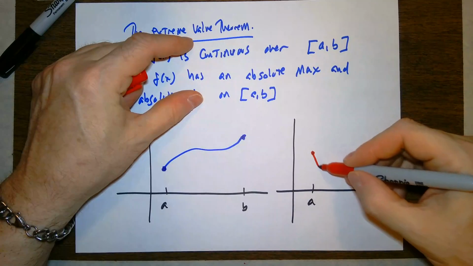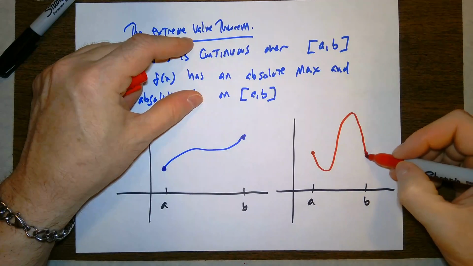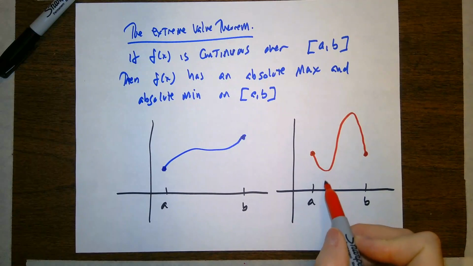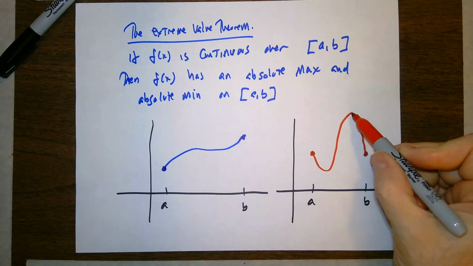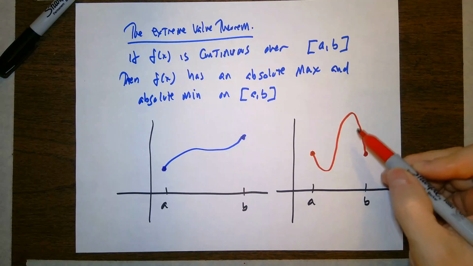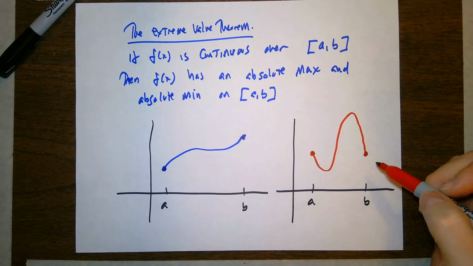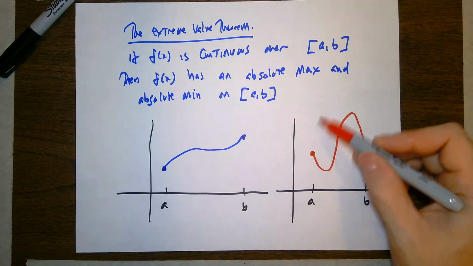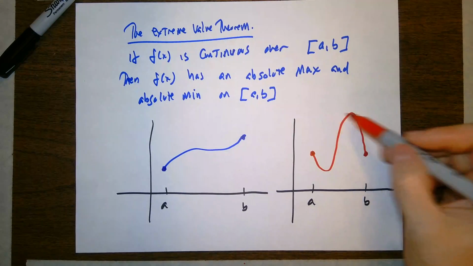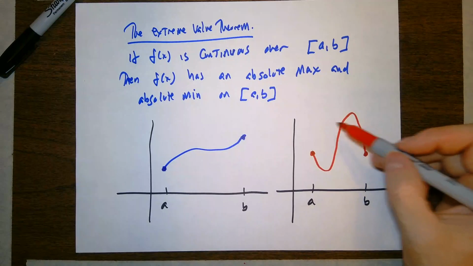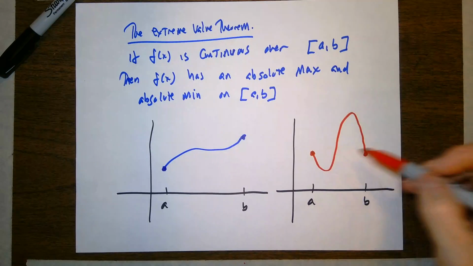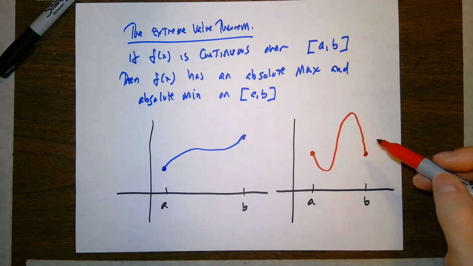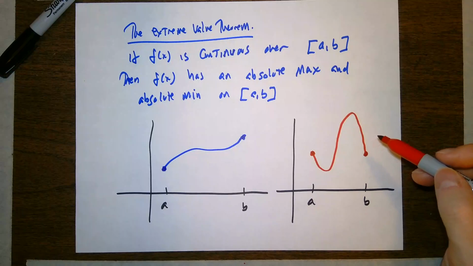And I could have a function that does this and then does this and then does this. Again, you can see that there is an absolute minimum and an absolute maximum. They're just not occurring at the endpoints. So it may occur at the endpoints, it might not. And of course, if I had a big W, I could have multiple maximums or something like that. The interval has to be a closed interval in order for the extreme value theorem to apply.